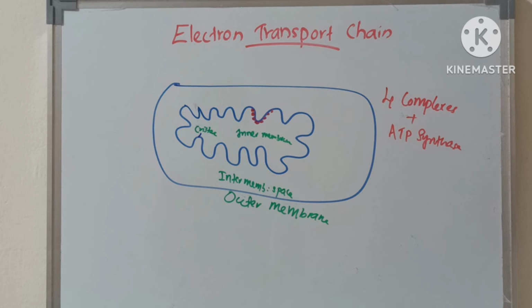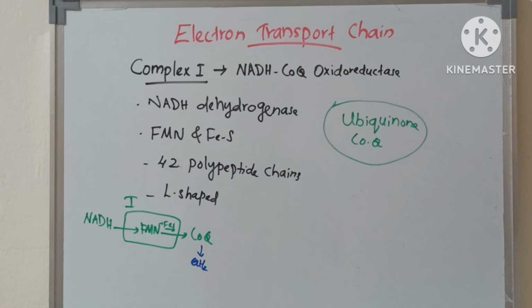Let's discuss the electron transport chain. The site of the electron transport chain is the inner mitochondrial membrane. There are four main complexes, and the fifth one is known as ATP synthase, which is responsible for ATP synthesis. First we will see complex 1. Complex 1 is known as NADH coenzyme Q oxidoreductase.